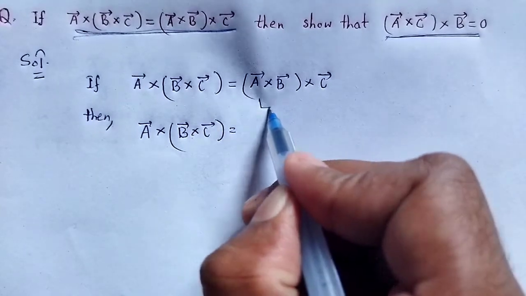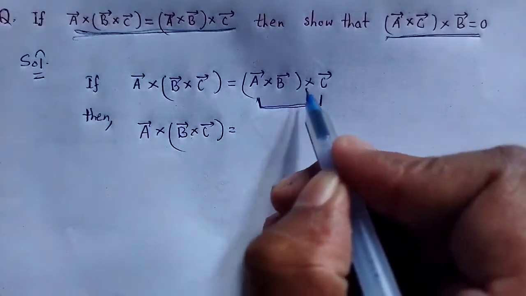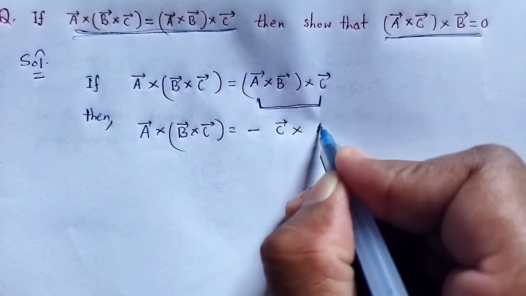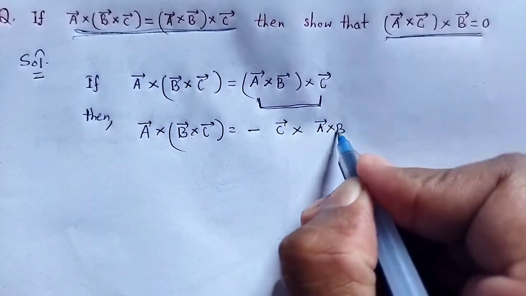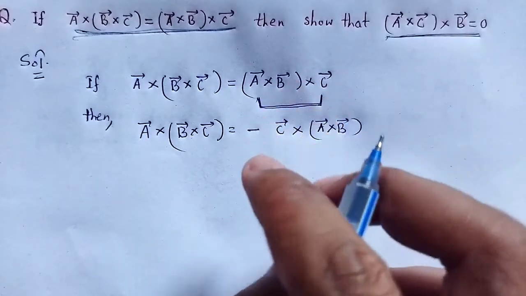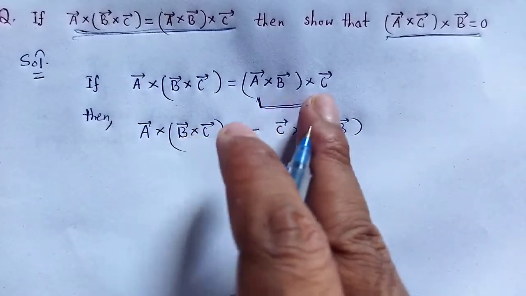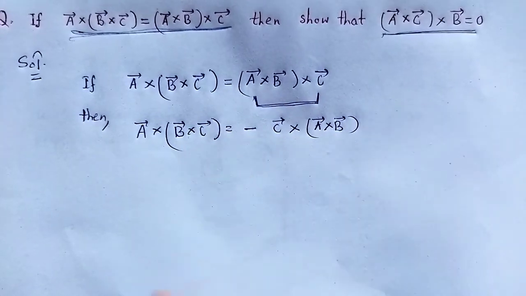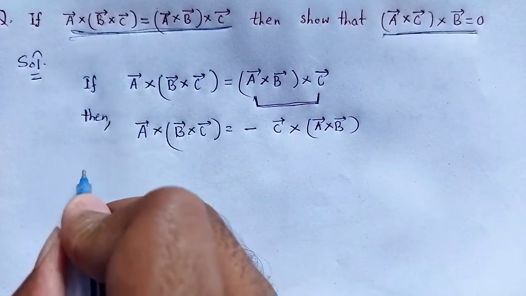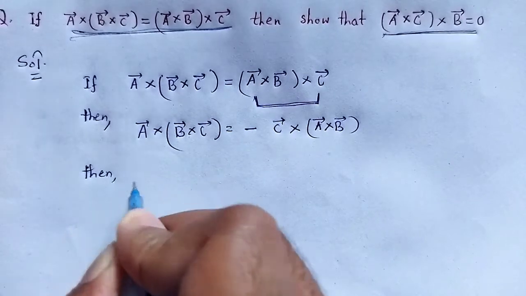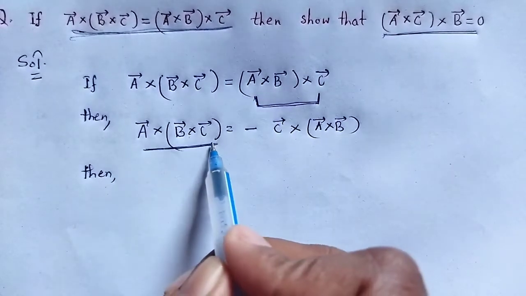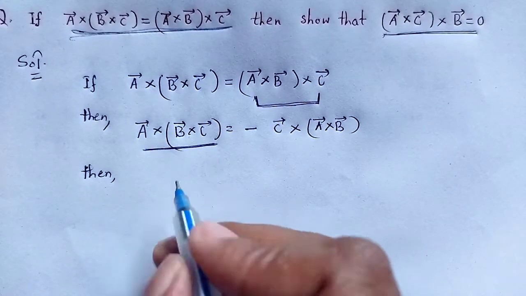Then if I change the position, it will be minus C vector cross A cross B. I just change the position of these two vectors, then in cross product it will be negative. Then I expand it using the expansion formula.